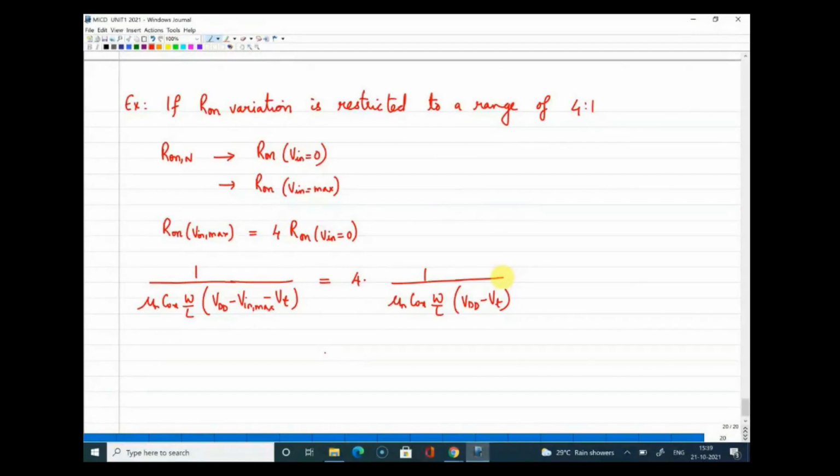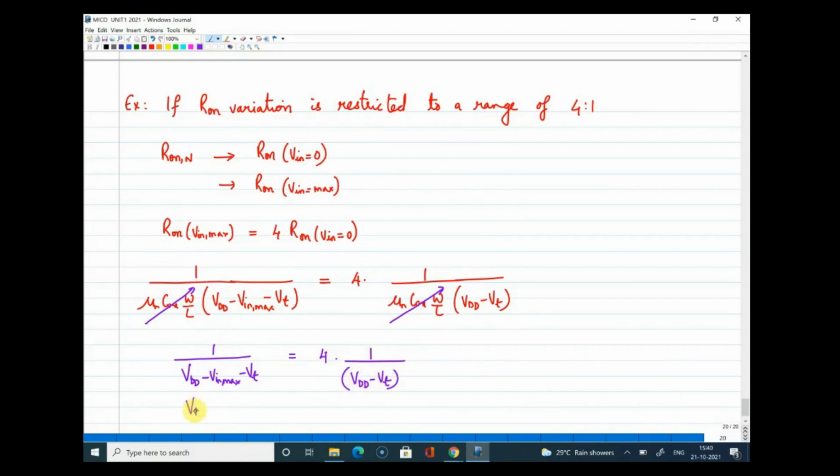So if I just cross multiply this, I can cancel out the terms mu n and Cox W by L, and what I have left is 1 by VDD minus V in max minus Vt is equal to 4 divided by VDD minus Vt.